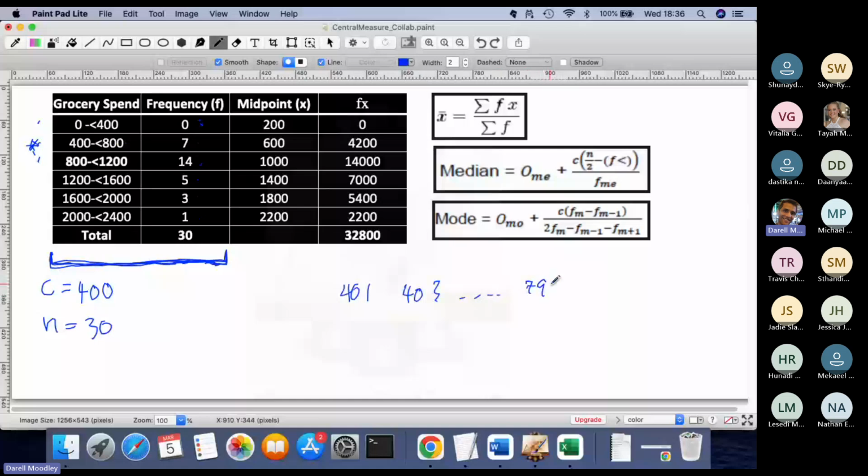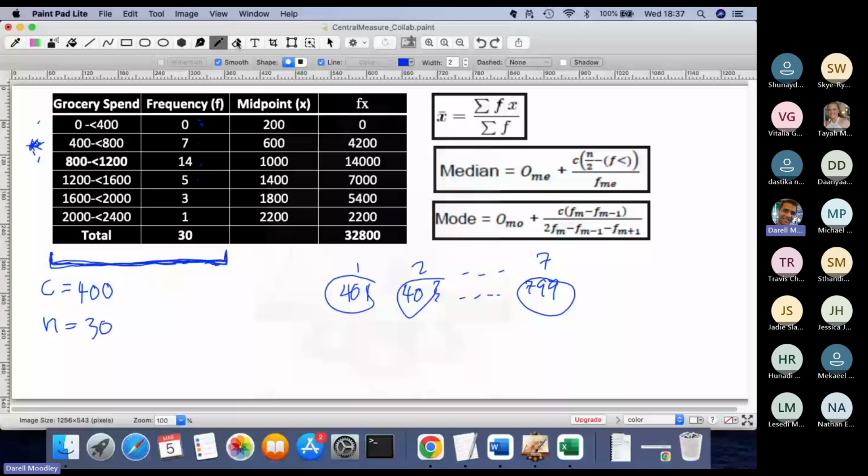That person probably spent 799. And there are 1, 2, all the way to 7 people in this interval. We know this because the frequency is 7. We don't know these numbers. And if we did, we could easily work with the average, like how we did previously. But we don't. All we know is that they spend between that amount.